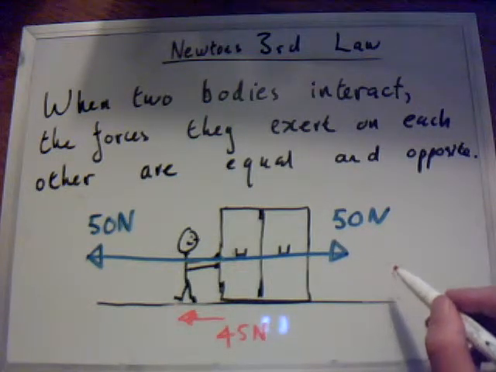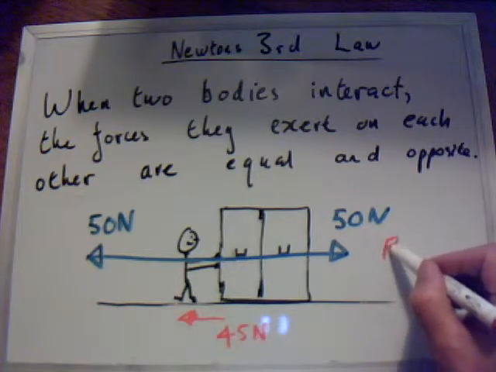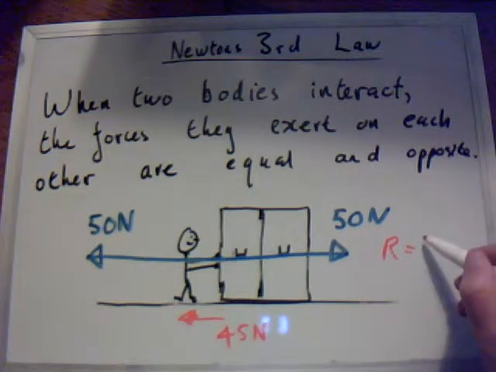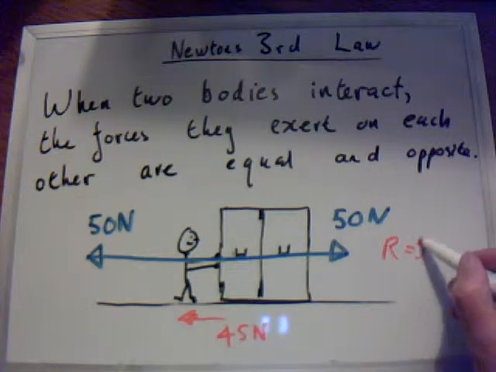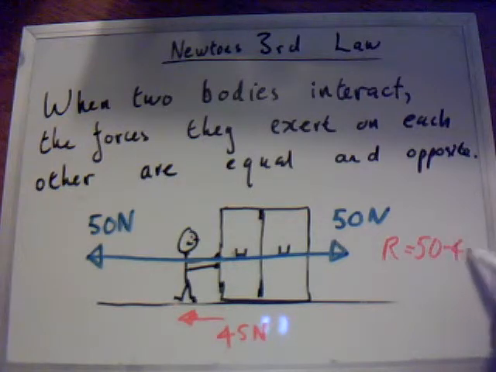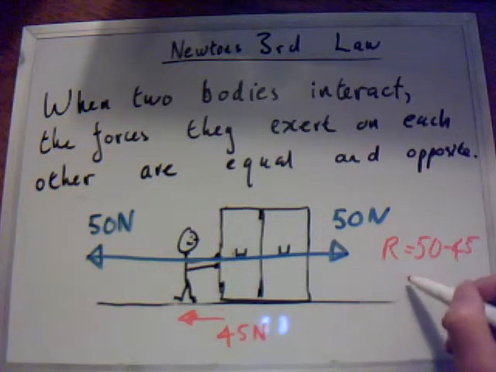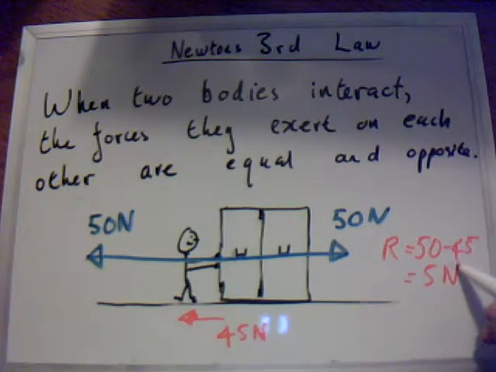So the resultant force on the wardrobe is equal to 50 minus 45, which is equal to 5 newtons. So it is not balanced and it will accelerate.